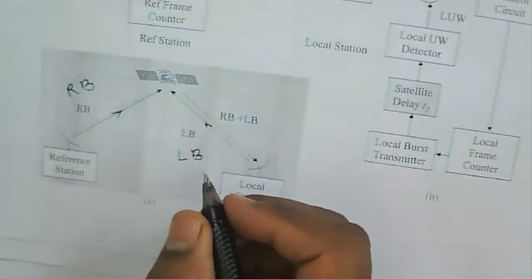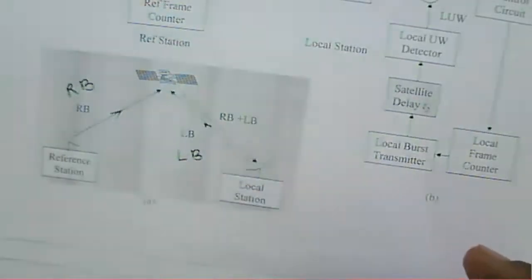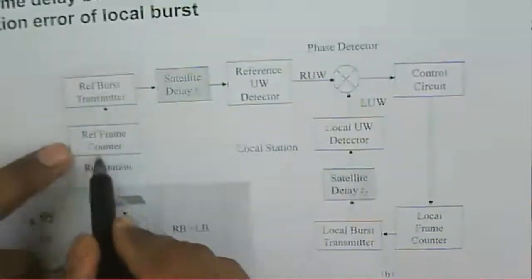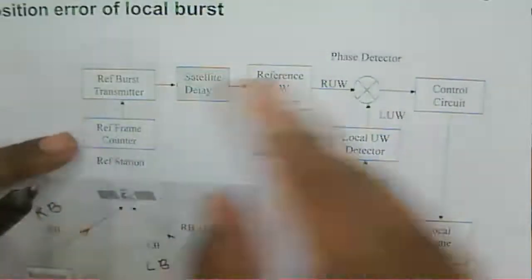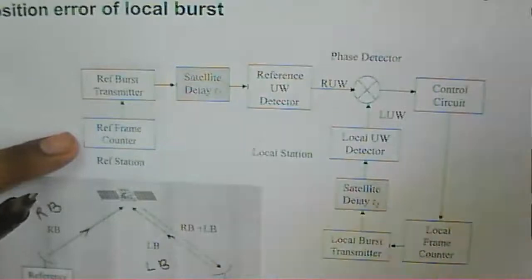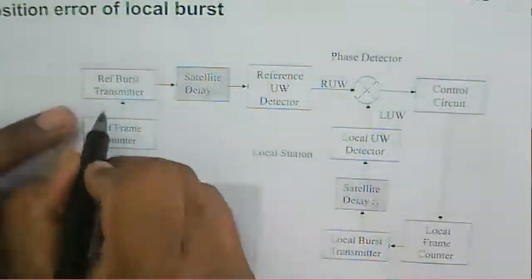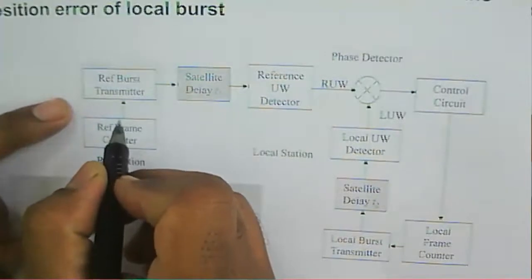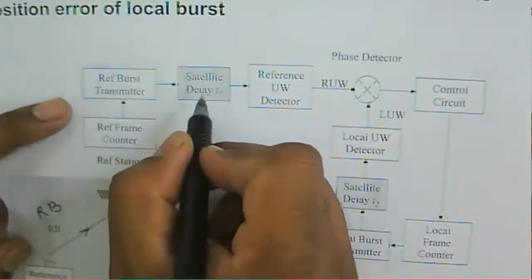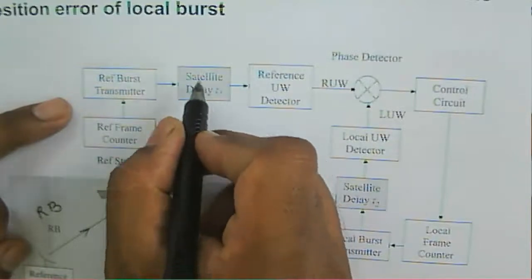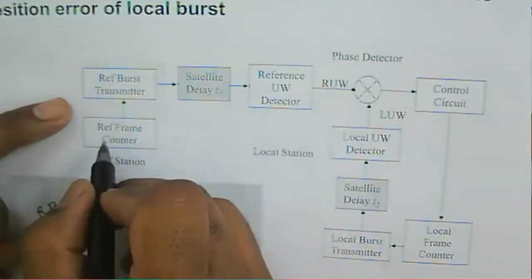So that's why the frame counters will generate. Okay, now you can see that the frame counters will generate that particular exact frame period with respect to whatever the delay for both the reference station as well as the local station.